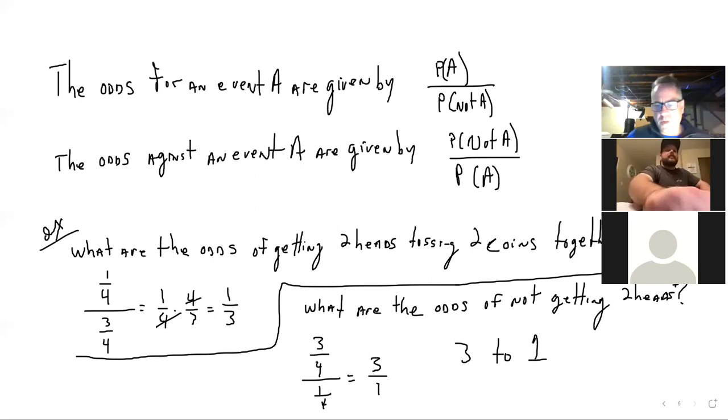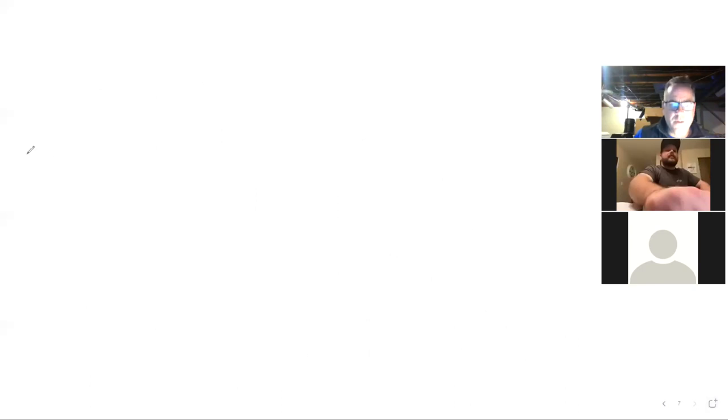All right, do one more problem, and we'll call it a night. So we're going to go to a horse race. We're at some horse track, and the odds on a horse named Blue Moon are given to be 7-2.